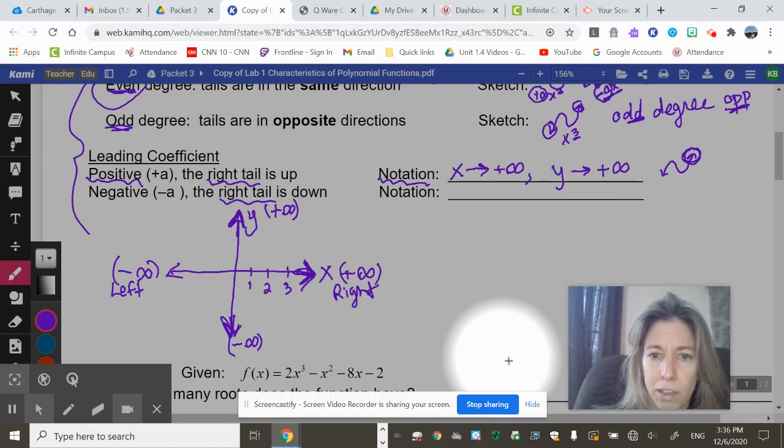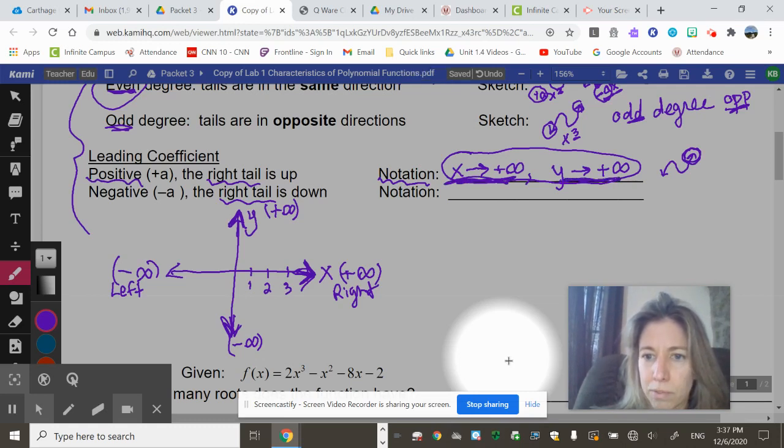So if you see this notation, it's telling you that the right side, because x is going to positive infinity, is going up.